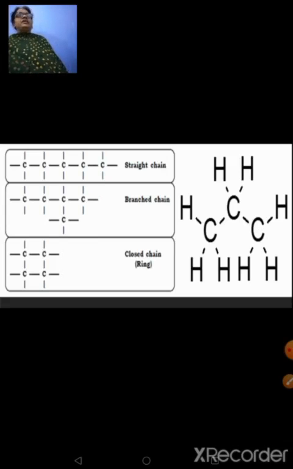It can be linked with a hydrogen atom or an oxygen atom, depending on the compound it is going to form. Branched chain and closed chain examples are given. These structures we will learn in detail. This self-linking property of carbon to form long chains is what is called catenation.